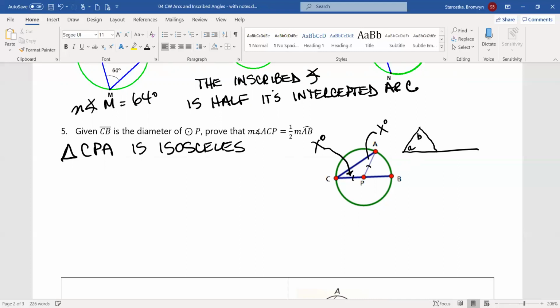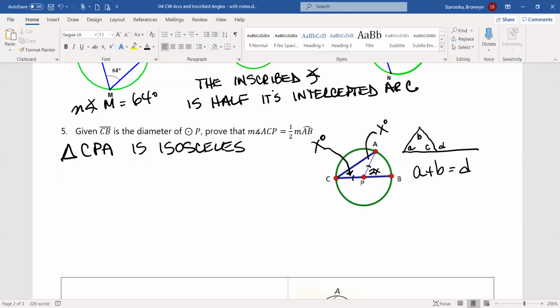A, B, C, and then the exterior angle is D. You could do triangle sum theorem, you could do linear pair, but the exterior angle theorem says that A plus B equals D. Well, looking at this isosceles triangle, x plus x equals this angle here, 2x.